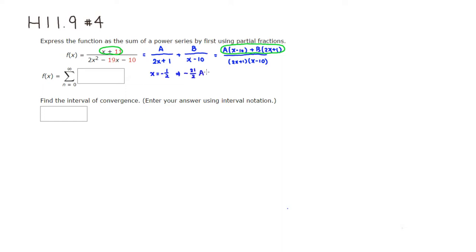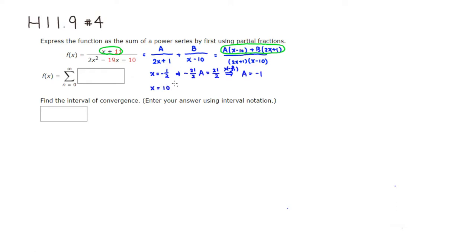On the other side, if you plug in negative 1/2, 11 minus 1/2 is 21 over 2. If you multiply by negative 2 over 21, you get A equals negative 1.